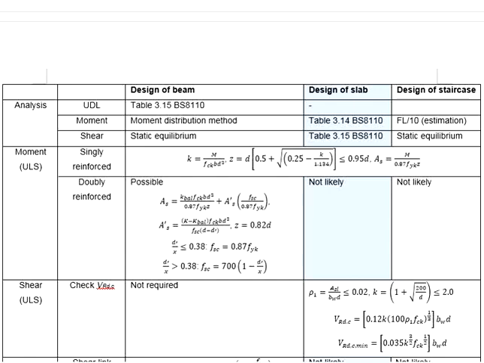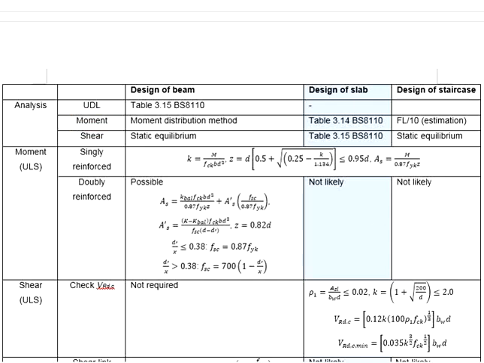Then you will have to design the reinforcement bar strong enough to withstand the internal moment. And then, based on the moment calculated from the moment distribution method, use the principles of static equilibrium to determine the shear force diagram. Based on the shear force diagram, you go back and find the mid-span moment.